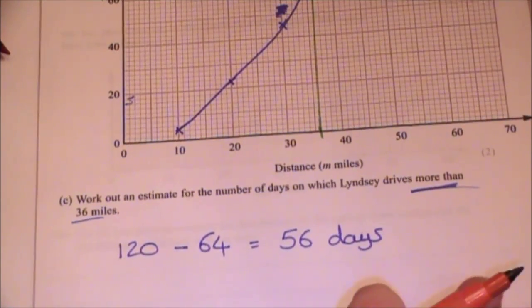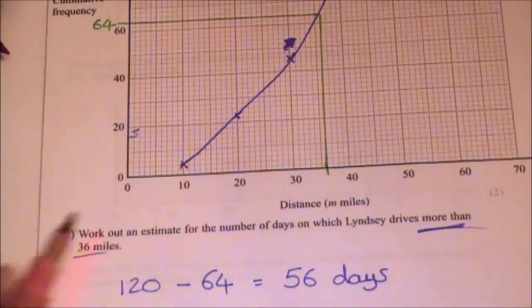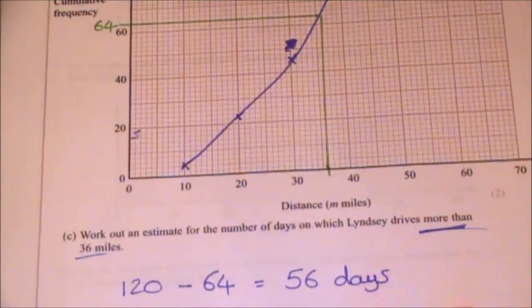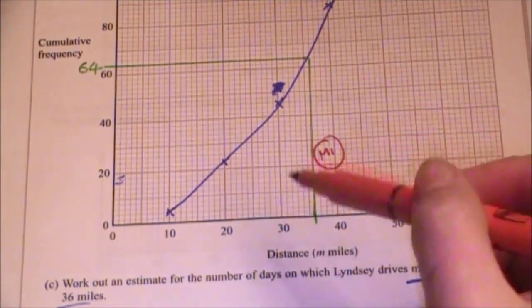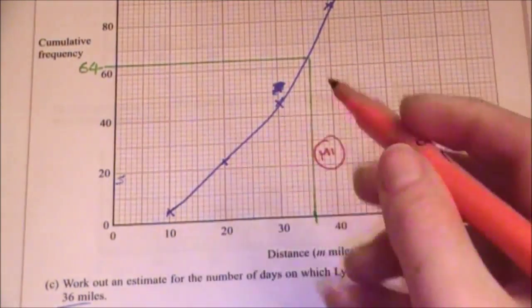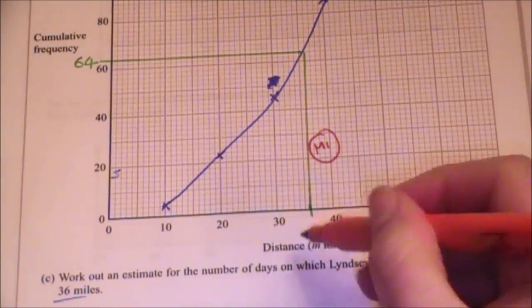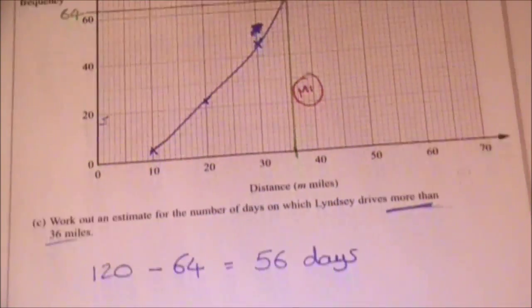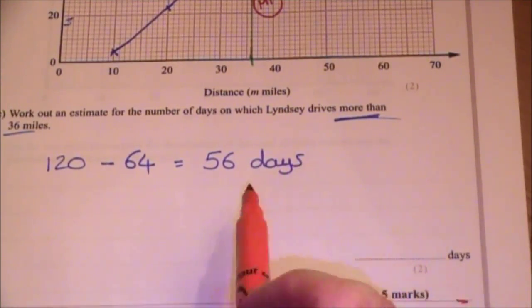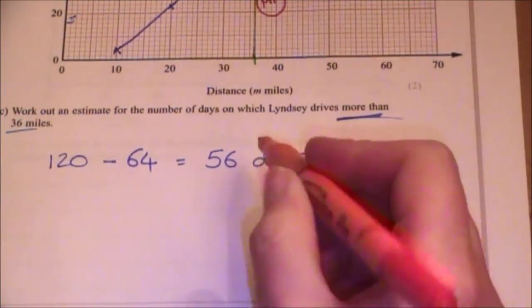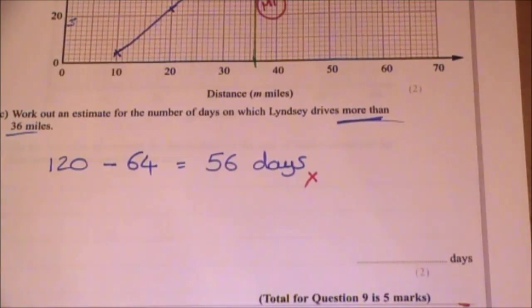And this is how the marks are allocated. This will be interesting for you. Here I get 1 mark for showing that I've used the line at 36 miles. However, this is a 2-mark question, and down here I've got the wrong answer.